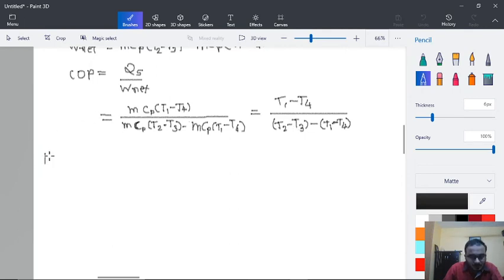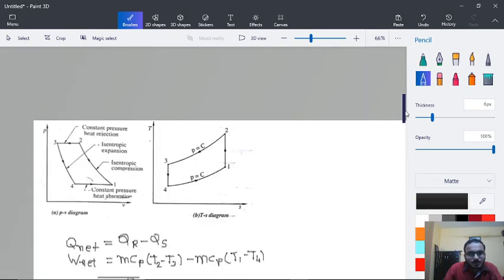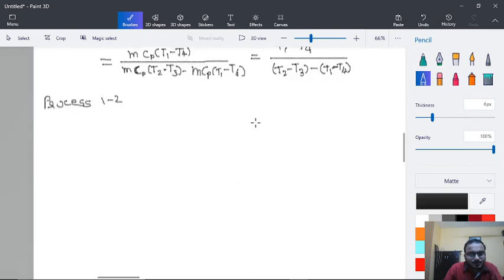Now we will focus on process 1 to 2. If you see in this figure, process 1 to 2 is isentropic compression.